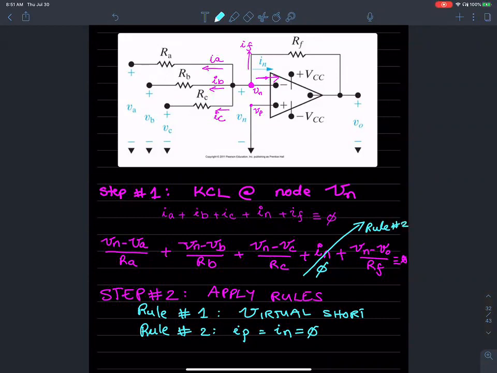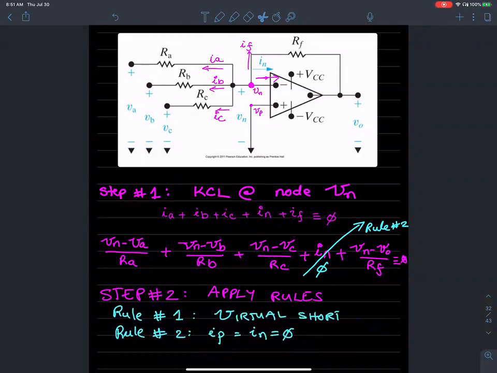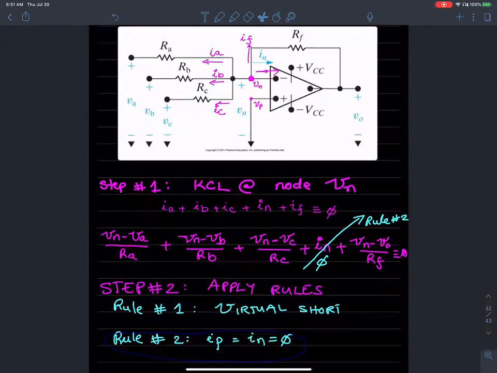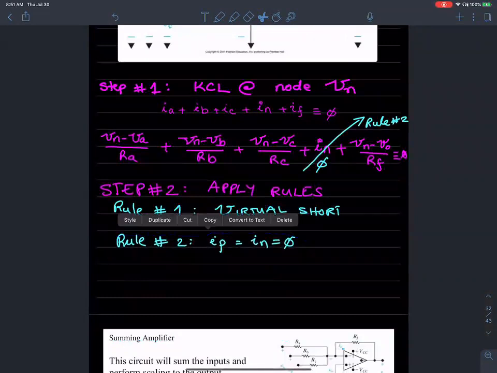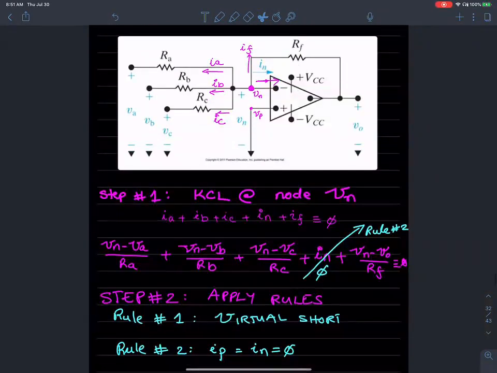Okay. How do you apply rule number 1? The voltage on the positive terminal was equal to the voltage on the negative terminal. VP equals VN.